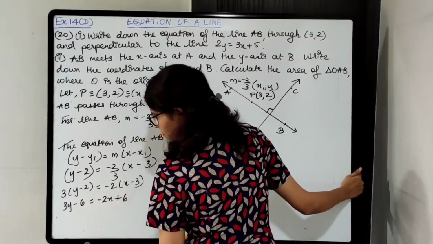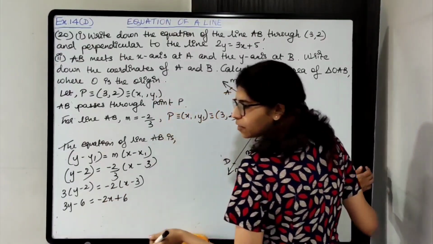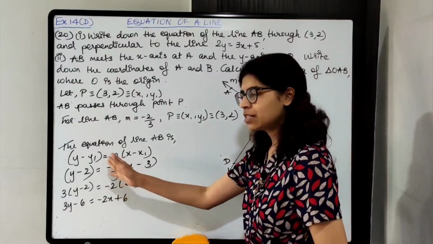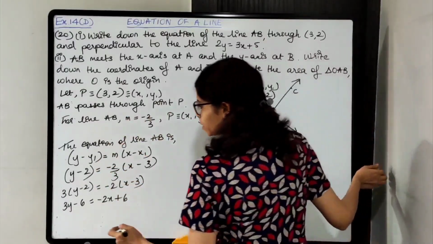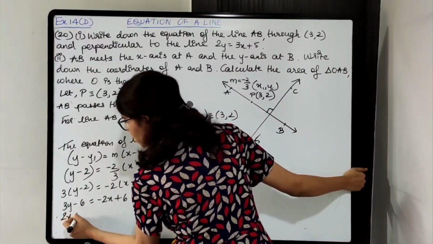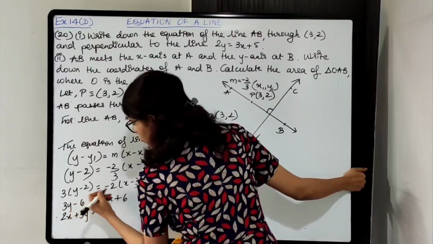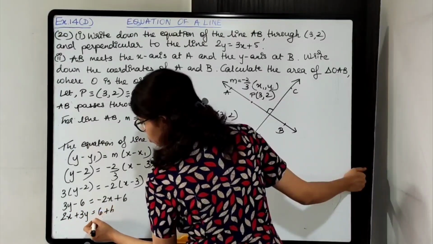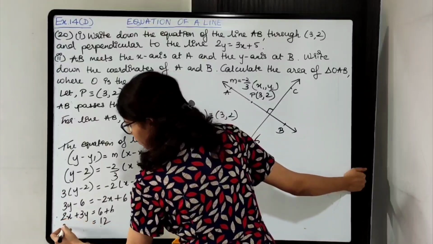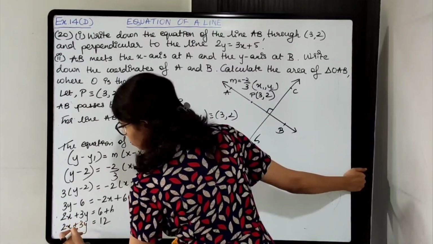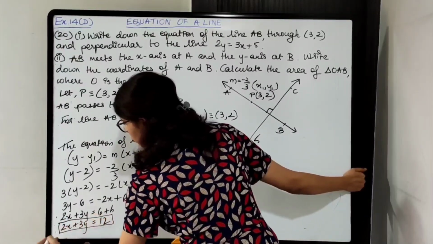The x term is negative, so normally what we do is if it is negative we group it with the y term: 2x plus 3y, and shifting 6 over here, 6 plus 6 gives 12. So 2x plus 3y is equal to 12. This will be the equation of the line.